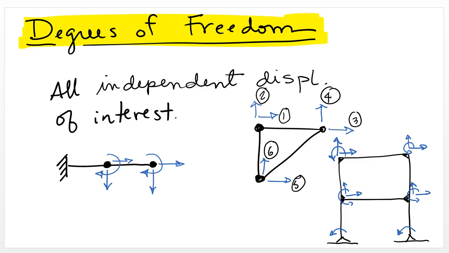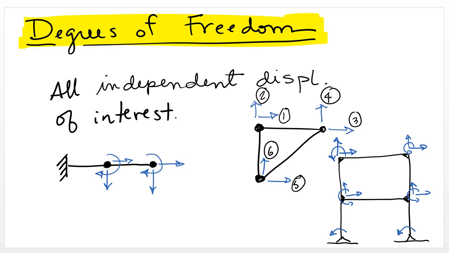In a more complicated structure here, like a 2-story frame with rigid connections among all the members, and let's say we are interested in the displacement at all the end points of each member, then we see that we have 3 degrees of freedom per joint, 1 horizontal, 1 vertical, and 1 rotation.